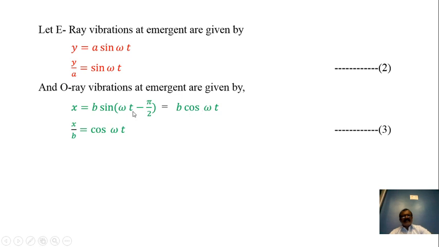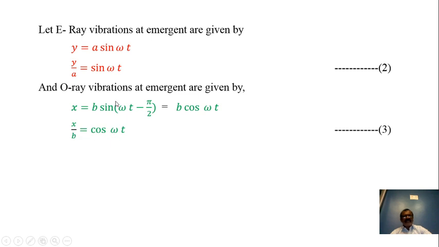Now take this b on this side, so you get x upon b is equal to this, and y upon a is equal to this. So these 2 and 3 equations are for extraordinary and ordinary respectively. Now squaring and adding these 2 equations, what do we get here? Squaring, we get (y by a) square is equal to sine square omega t, and (x by b) square is equal to cos square omega t.